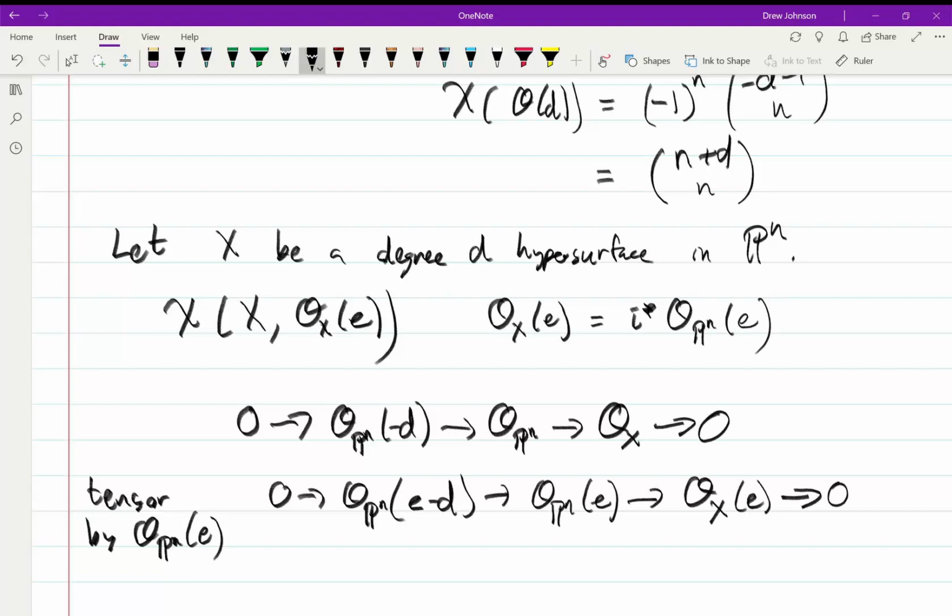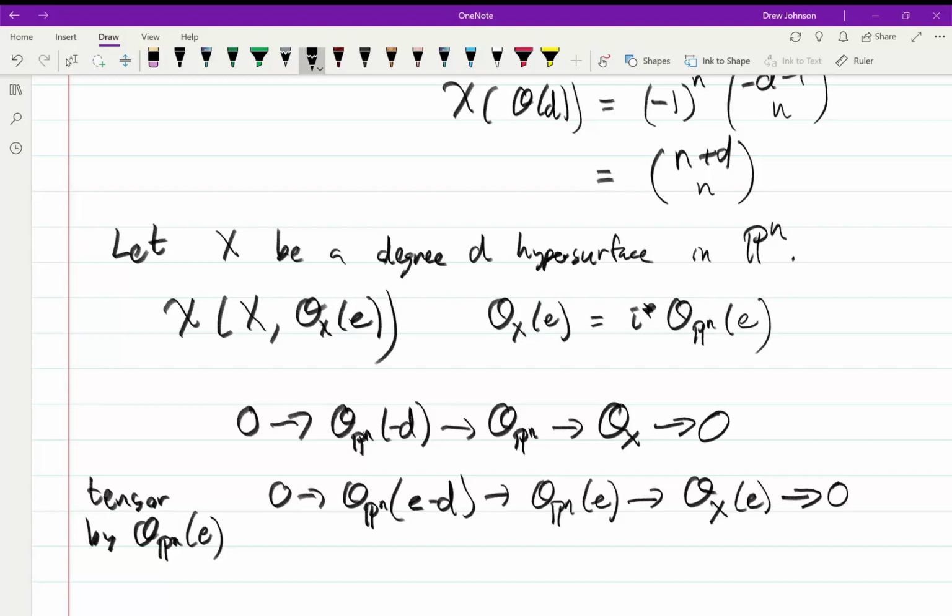All right, so you can think about why tensor product sort of commutes with the restriction. So you can take O_{P^n}(e) and then restrict it, or you can restrict the structure sheaf and then tensor by O_{P^n}(e), and you get the same thing.